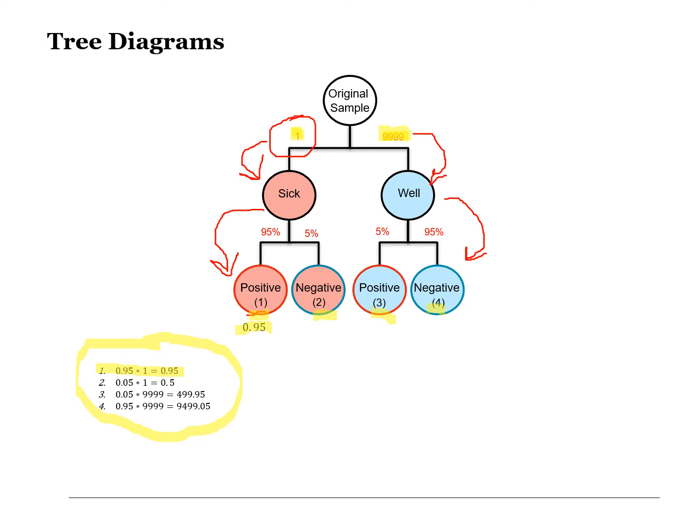So now that we've got the numbers of people, let's work out the probabilities. These are the equations to work out the probabilities that we need to answer the question.